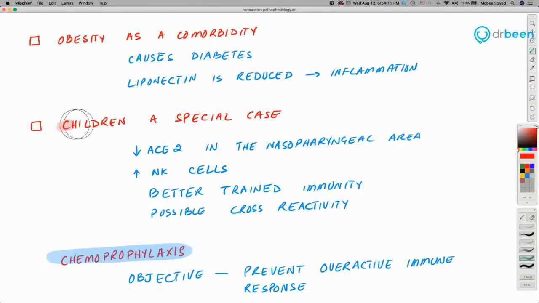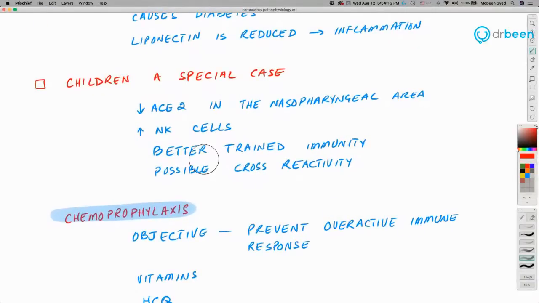Then children as a special case, and we have done this discussion many times. I'm going to just say it once more. Children have, if you start from their nasal and pharyngeal area, less ACE2 receptors there. I'm talking about children less than 10 years of age. So it is easier for them to evade the virus because the virus may not find enough binding spots.